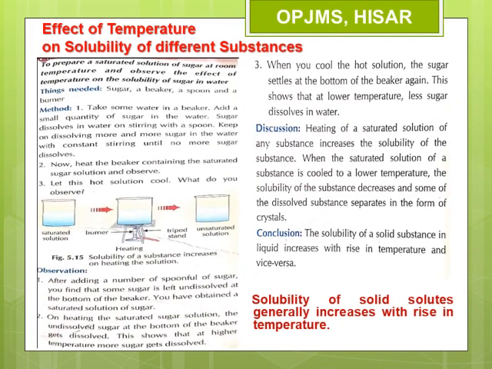Now let us study the effect of temperature on the solubility of solid substances. For this, let us take an example of sugar. You can understand this very easily by performing this simple activity at home. First of all, we will prepare a saturated solution of sugar.